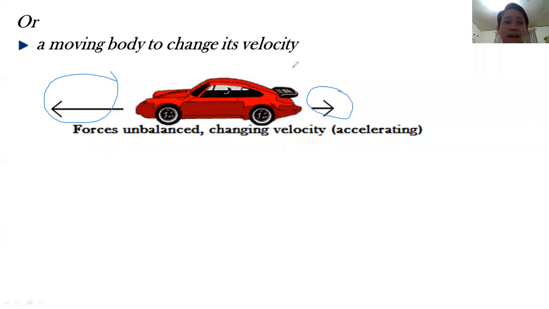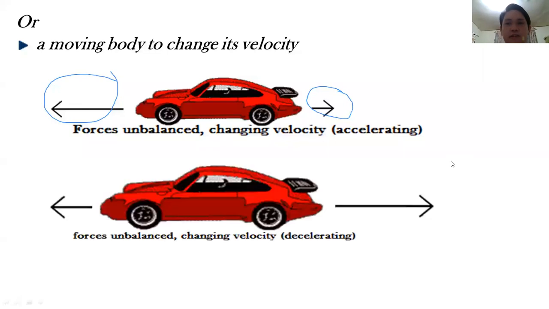It shows unbalanced forces. Another thing also, what have you observed in the second illustration? The second illustration shows what? It still shows unbalanced forces, but in this case, the backward force is greater than the forward force.